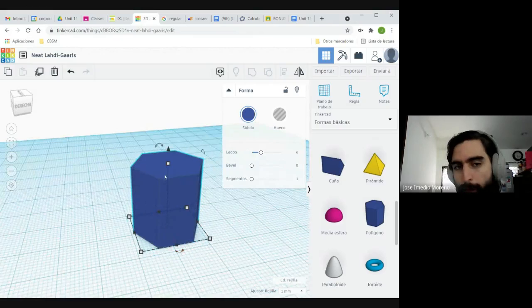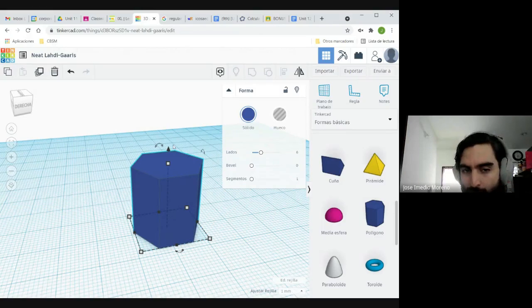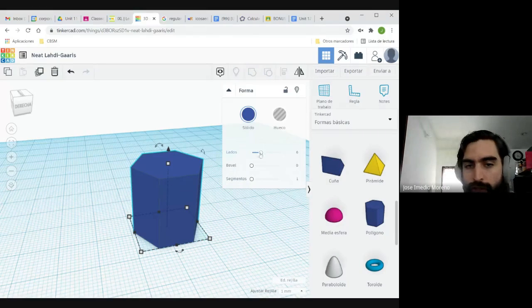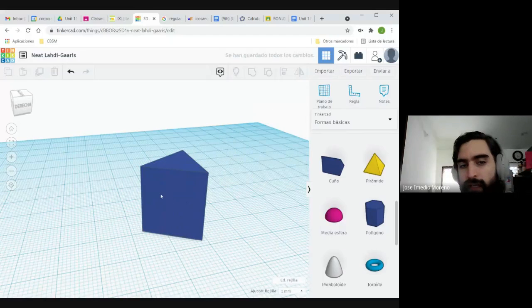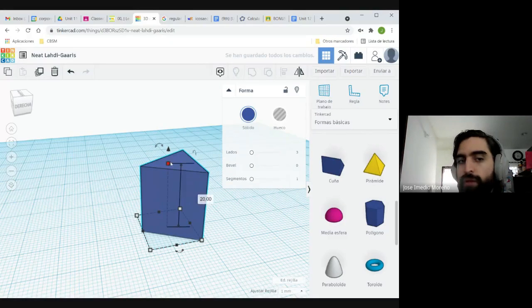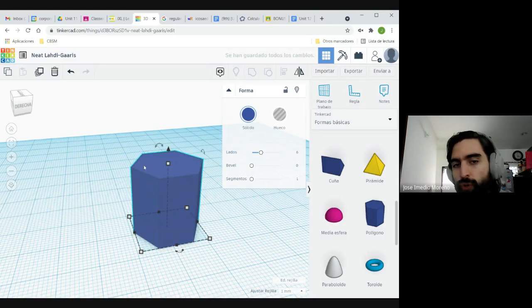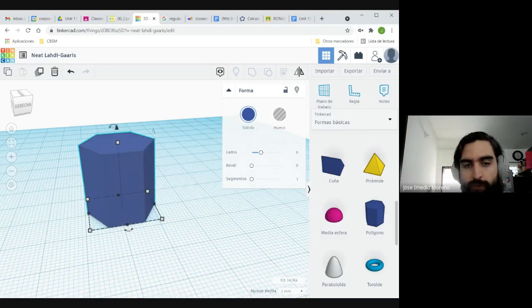A prism is an object with two bases which are congruent polygons. This base and the base below are two congruent polygons. It can be a triangular prism where the bases are triangles, a quadrangular prism, a pentagonal prism, and so on. I can use any polygon for the base and it's a prism. Perfect, that one is easy.